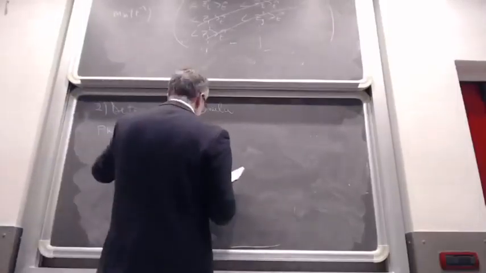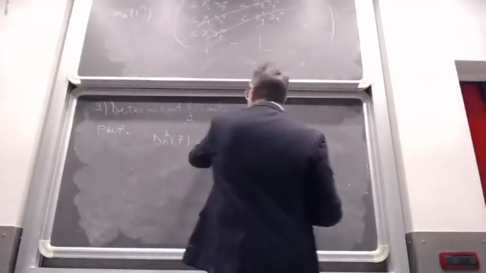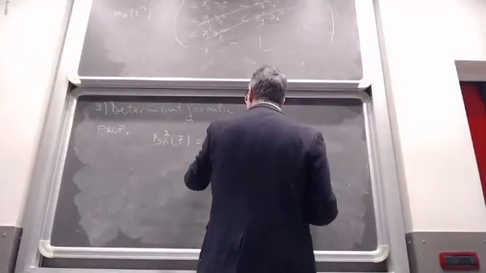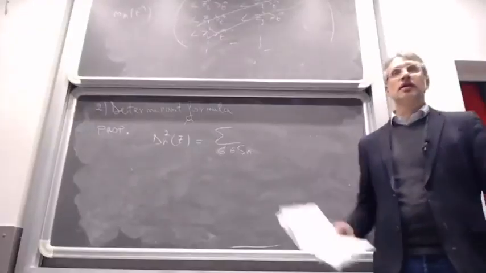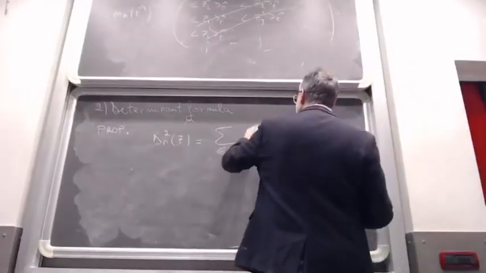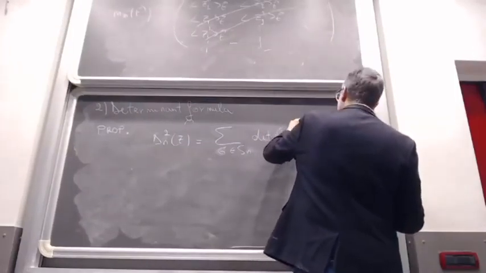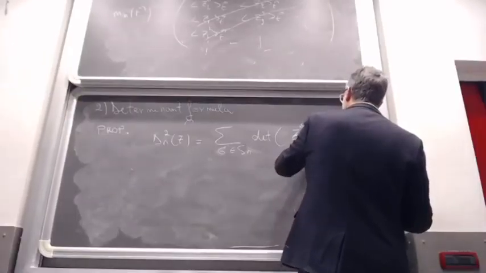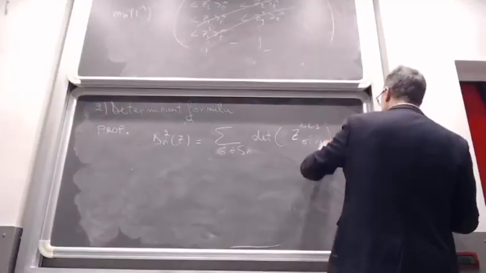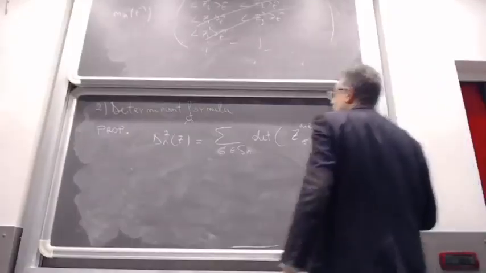So the proposition. The Vandermonde determinant squared, delta n of z, can be written as the sum over all possible permutations of n natural numbers of the determinant of z to the power k plus l minus 2 sigma k, which is the corresponding image under the permutation, with k, l running from 1 to n.